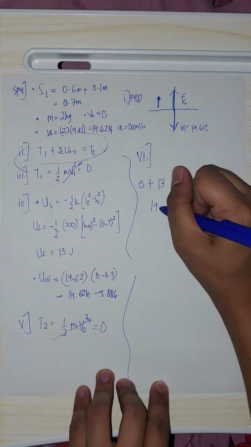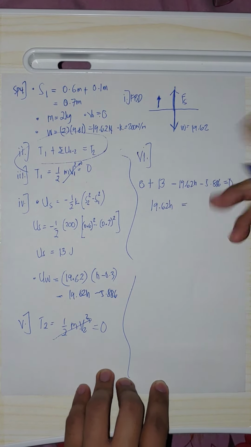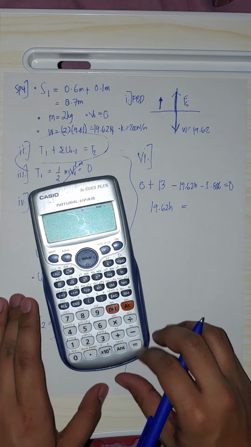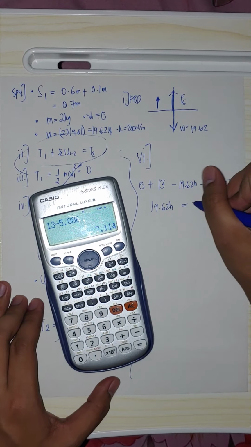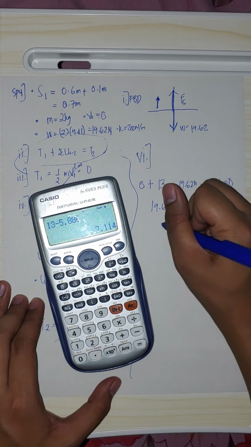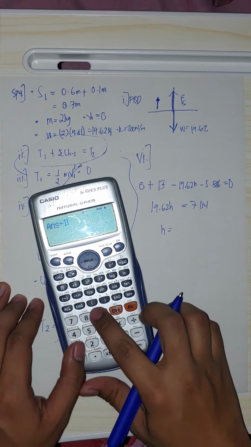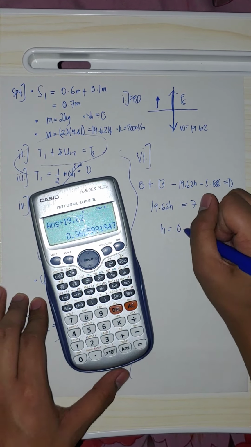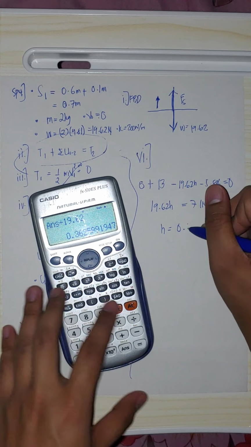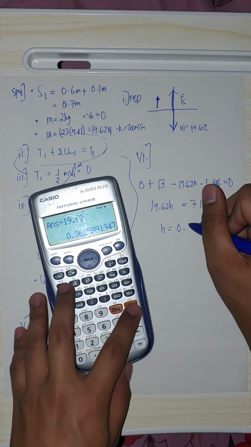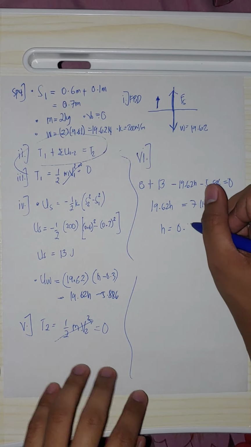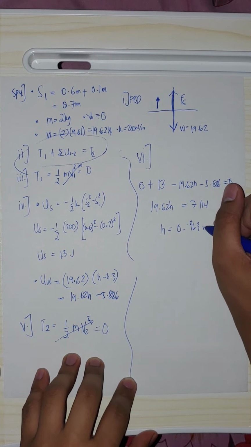We will have 19.62 H is equal to 13 minus 5.886, which is equal to 7.114. Then we can solve for H, which is equal to 0.363 meters.